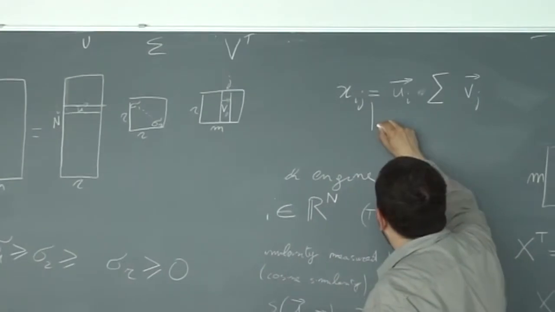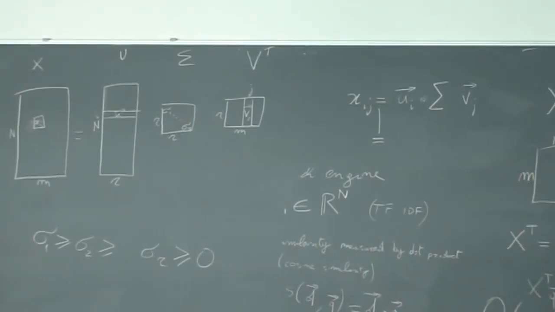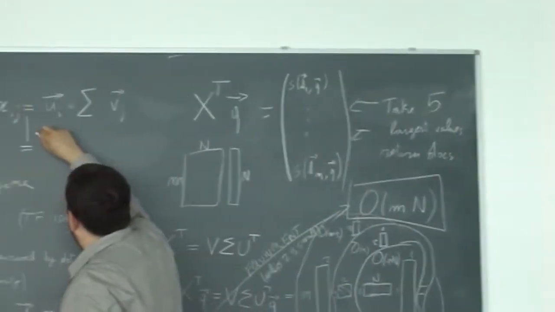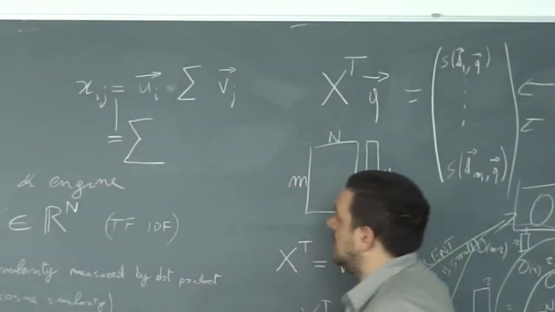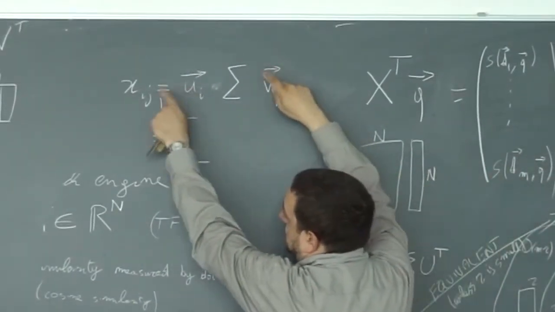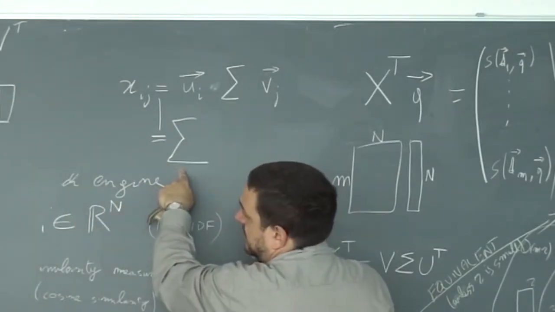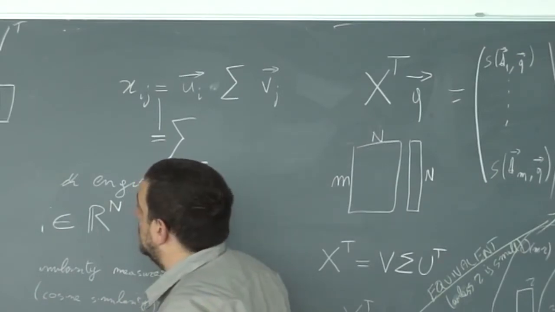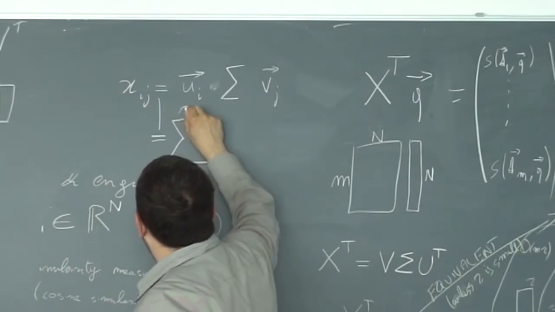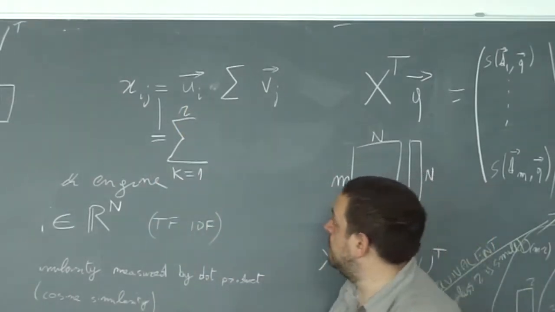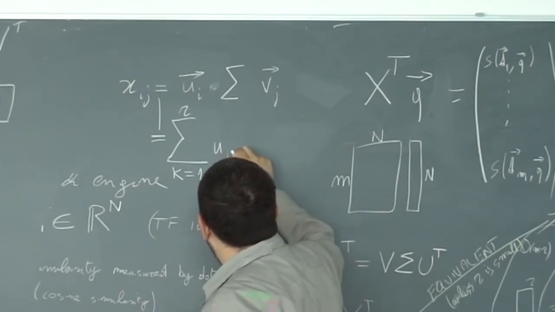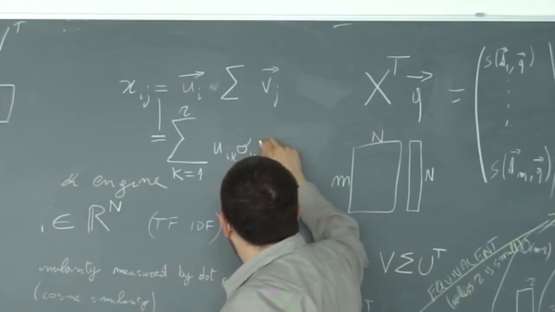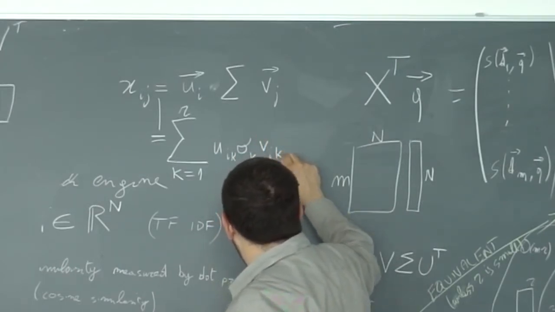And if you expand this, as in fact it's a row by column matrix, you get that this is the sum for k going from 1 to r of u_ik times sigma_k times v_jk.